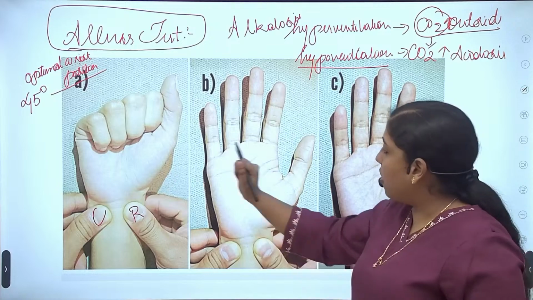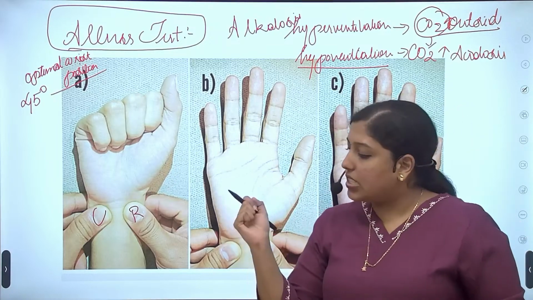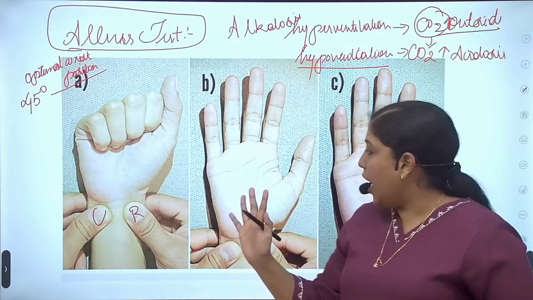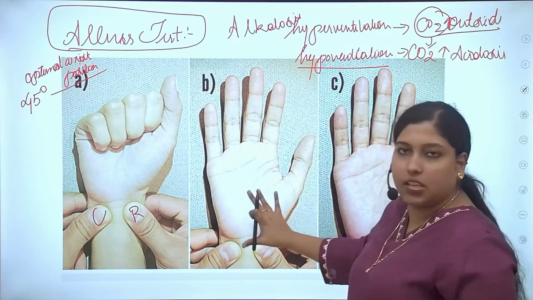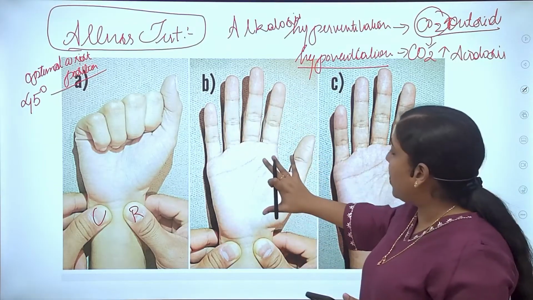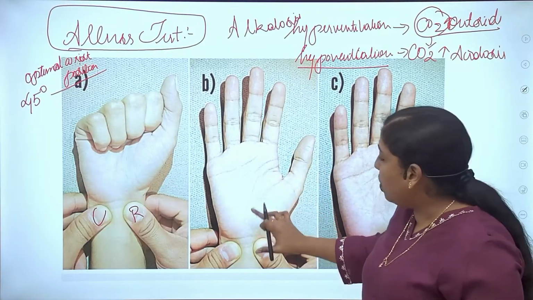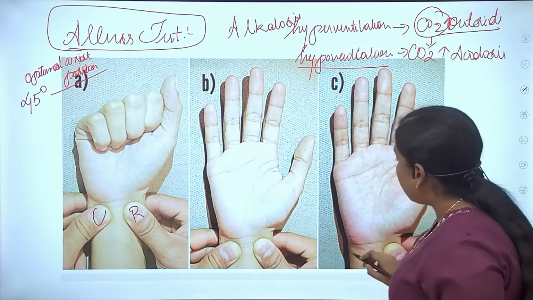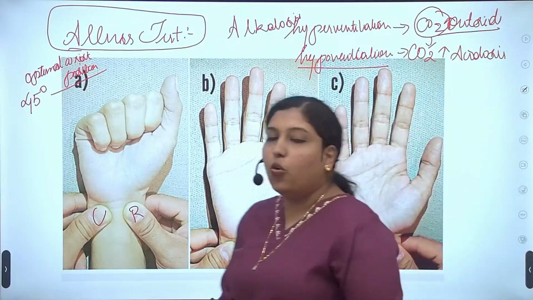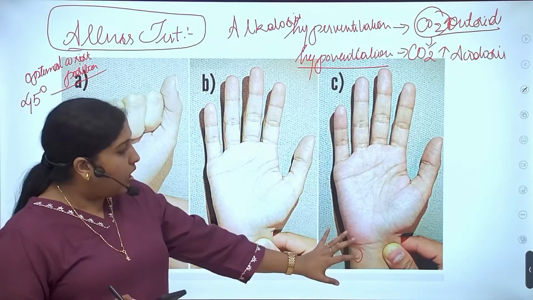After a few seconds, you ask the patient to open the hand, and you can see paleness in the patient's hand. Once you see this paleness, immediately you have to release the ulnar artery.